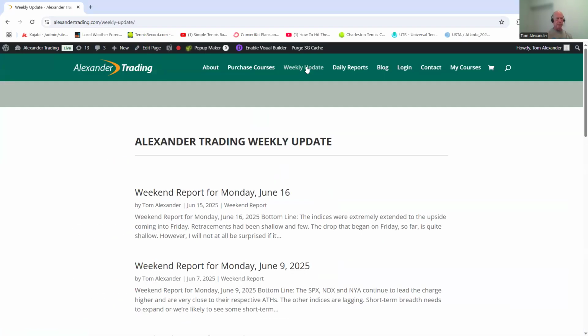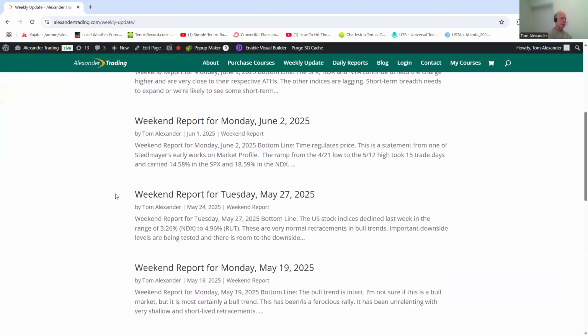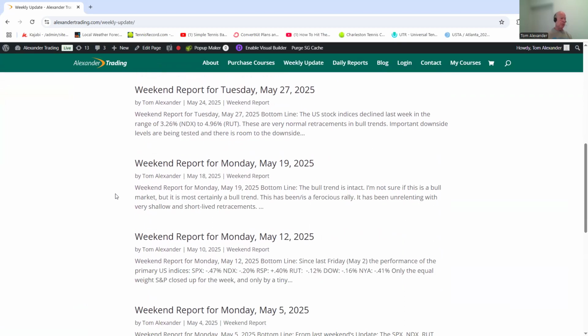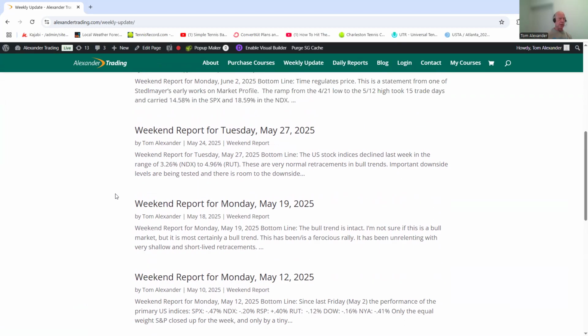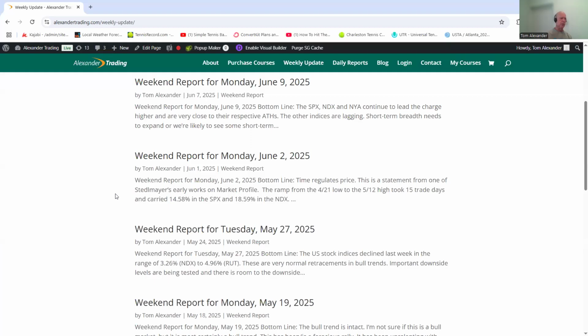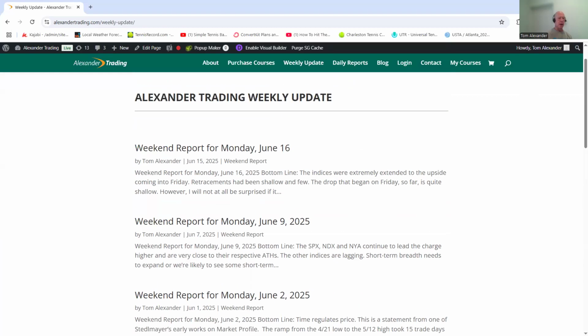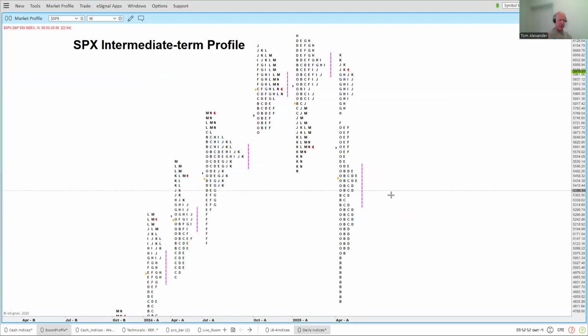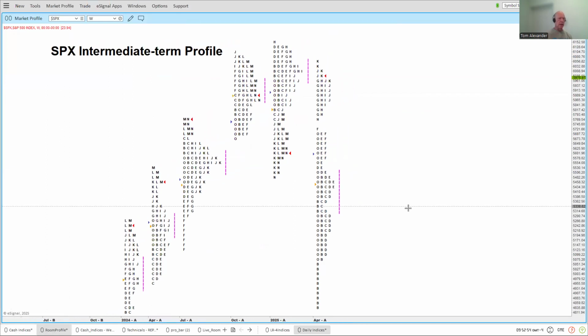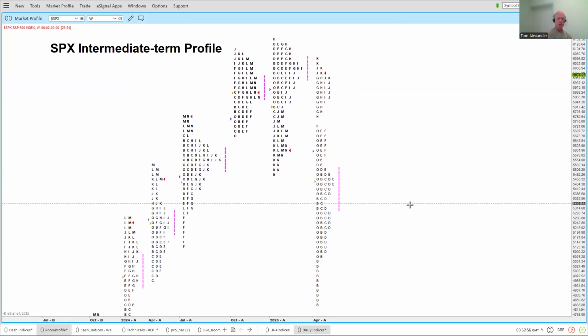It's free. And you can go back and see weekly updates for the past several years. In particular, if you go back 4 or 5 weeks, I have been displaying the profile and showing a potential schematic of how I thought the market would develop. And that is exactly what we're seeing now.